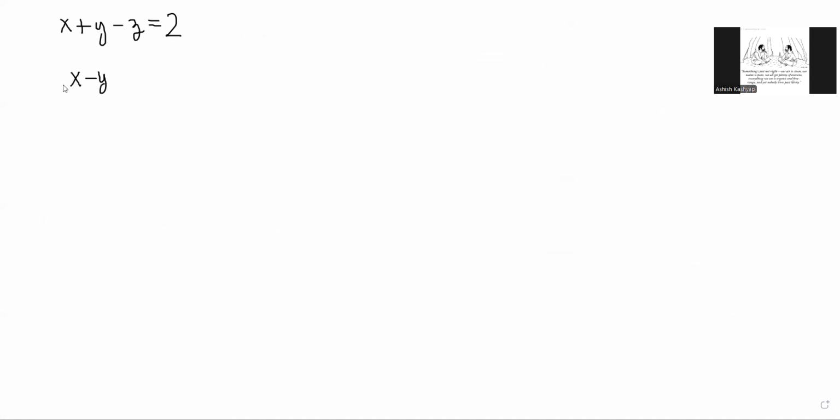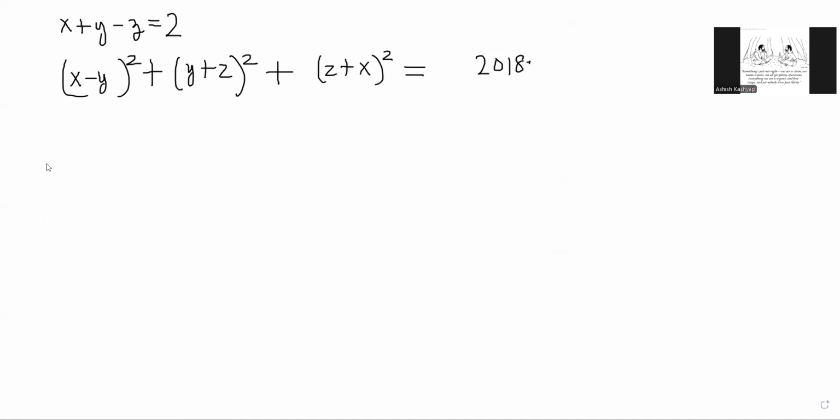So I will say x plus y minus z is equal to 2. And therefore, now the remaining part, (x minus y) whole square plus (y plus z) whole square plus (z plus x) whole square should be basically 2018 then, right?